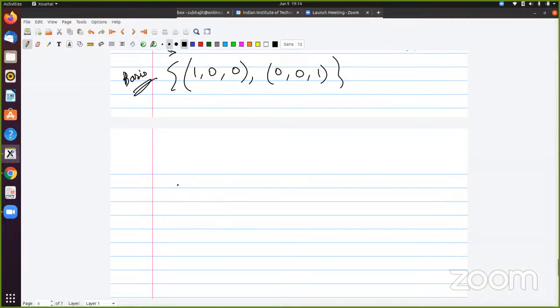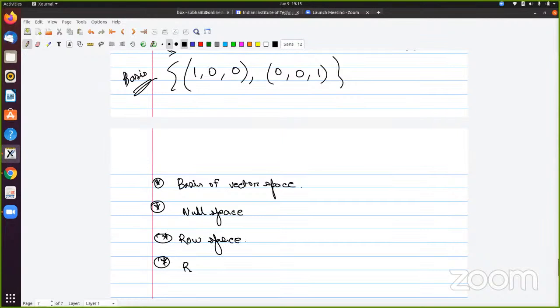So what we need basically, we need the basis of a vector space. That is the first point. Then we need what is null space. Then we need what is row space.